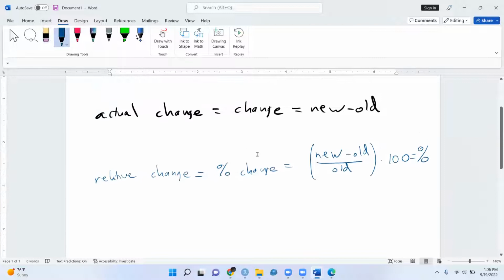And so the reason we do this is to really understand the significance of the change, right? We can talk about a $1 billion difference, a $1 billion increase or decrease in spending, but if it's relative to an amount from $1 trillion, then it's essentially zero in terms of a percent change.